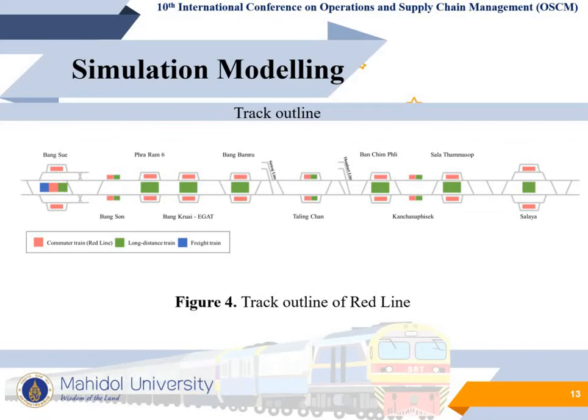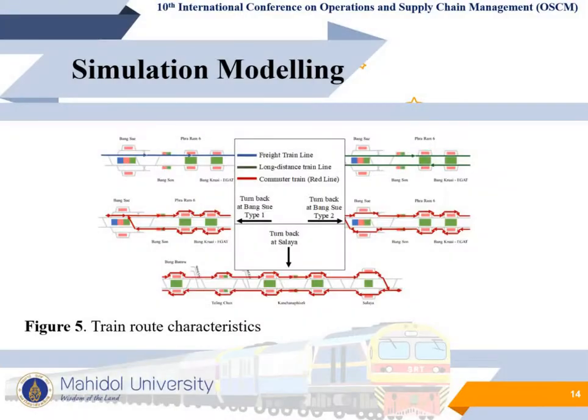As shown in Figure 4, the total distance is 27.17 kilometers and there are 10 stations. Figure 5 shows the Red Line has two turn-back types at Bang Sue station.